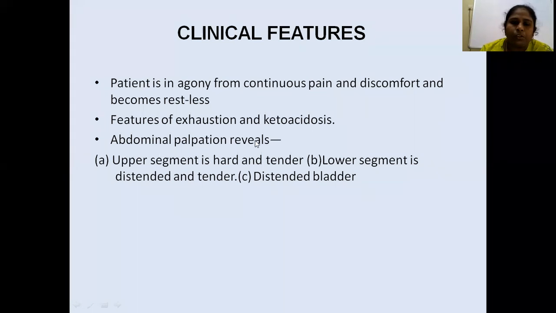Abdominal palpation reveals the upper segment is hard and tender, the lower segment distended and tender. In between there will be a pathological retraction ring or a Bandl's ring, and a distended bladder. The patient will not be able to pass urine, so the bladder gets distended, which even obstructs the passage of the baby.